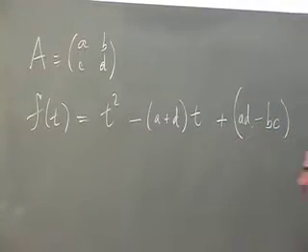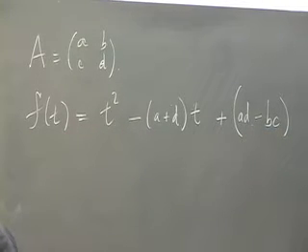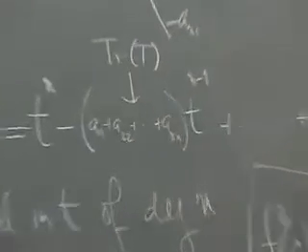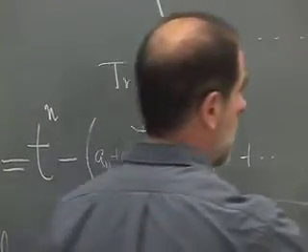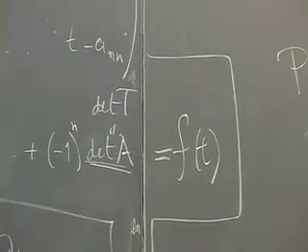So that's a good exercise for you to do to make sure you can calculate a characteristic polynomial. The two terms in the characteristic polynomial are quite famous: this term is called the trace, the sum of the diagonal entries of the matrix, and this is, of course, the determinant. And those two terms depend only on the matrix.